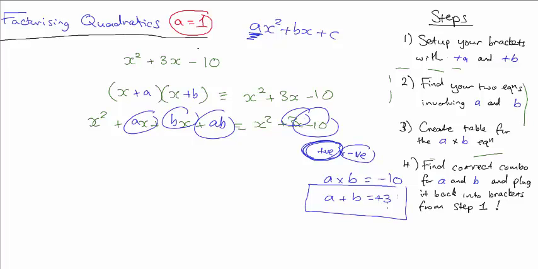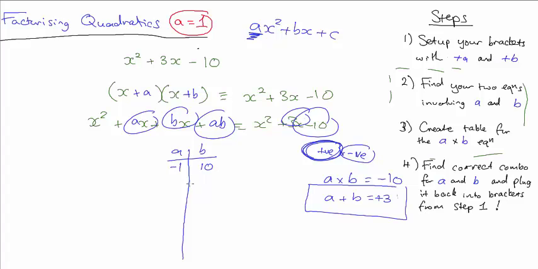Otherwise, you're not going to get positive overall. But again, even if that confuses you, it's simple. Once you find these 2 equations, just look at the a times b one and think of all the possibilities. So first one is a could be minus 1 and b could be 10.